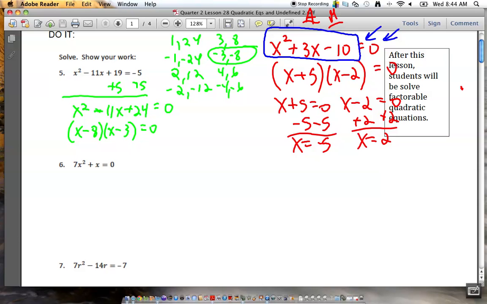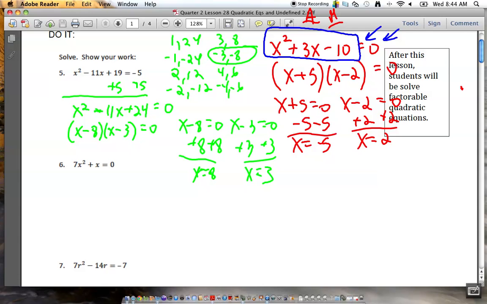All right, x minus 8 equals 0, x minus 3 equals 0. Adding 8 to both sides, x is 8. Adding 3 to both sides, x is 3.